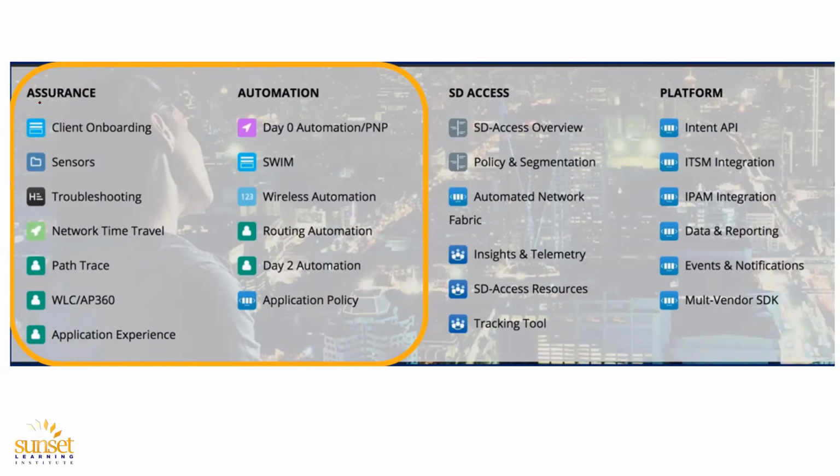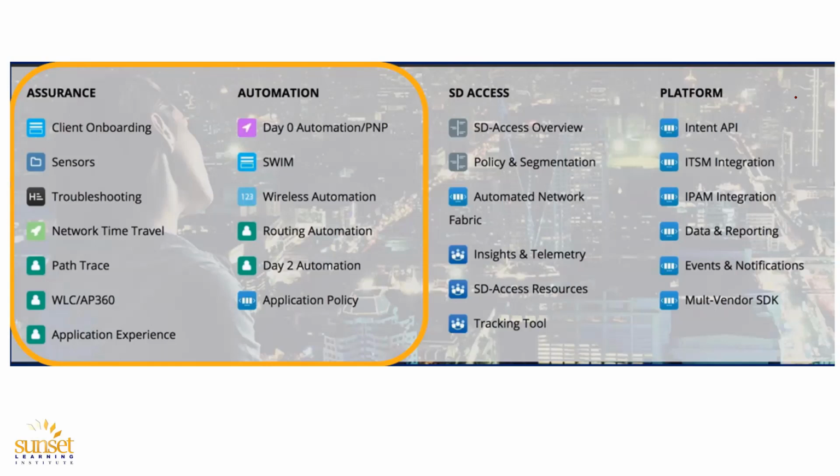The first 2 columns will be the subject of today's Tech Talk. We're going to see how we can do client onboarding. We're going to configure a wireless controller and wireless network on a site. We're going to do day 0 automation or plug and play. And also, if we have time, we're going to look at application policy.